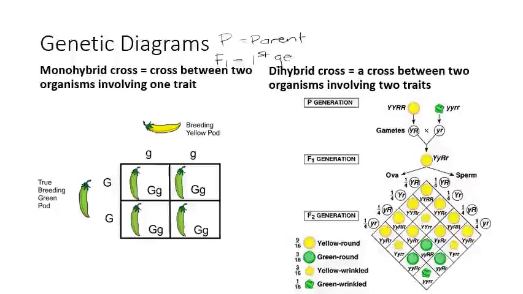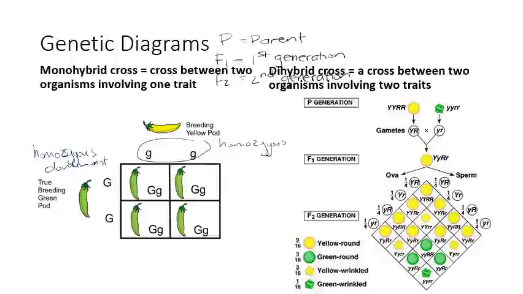This over here on the left-hand side is homozygous dominant, and this on the top here ends up being also homozygous recessive. Now we're going to do many monohybrid crosses, so we can practice this idea.